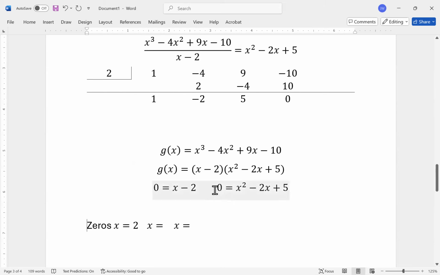When I set my second piece equal to 0, in order to solve that, I would utilize the quadratic formula. Factoring doesn't work, so I'll jump right to the quadratic formula.